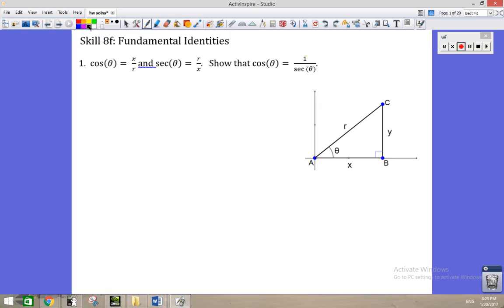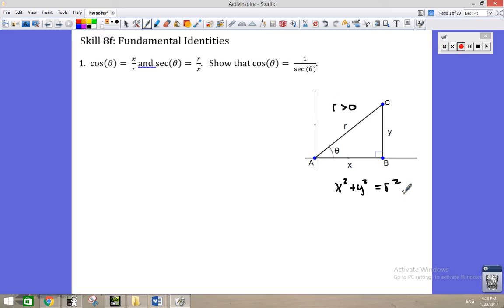Now this other information is just to remind you of some definitions that you'll likely use in showing that this equation is a true statement, including our definitions of all six trig ratios with respect to angle theta in this first quadrant, and that from the Pythagorean theorem, x squared plus y squared is equal to r squared. r is a distance, and r is always greater than 0.